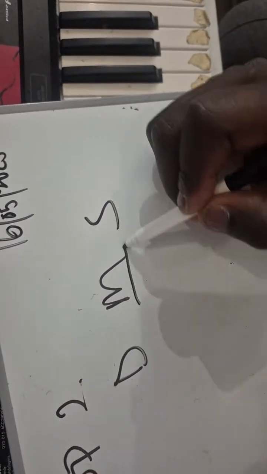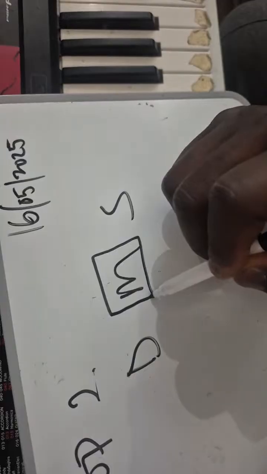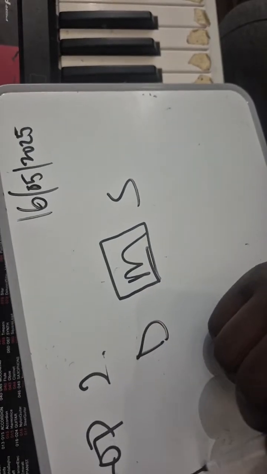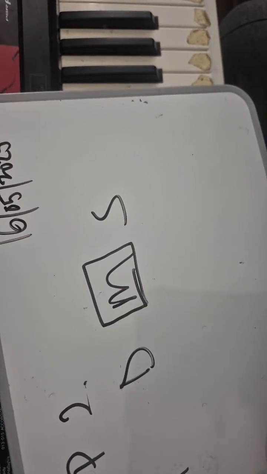Now the concept of drop 2 says we should just take the second highest note and play it here. The big difference between this and the inversion is you are not playing it on the right hand now, so you are skipping it on the right hand. So now what you are playing is mi, do, so.